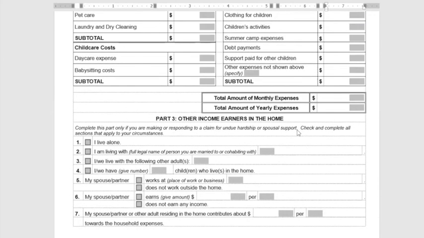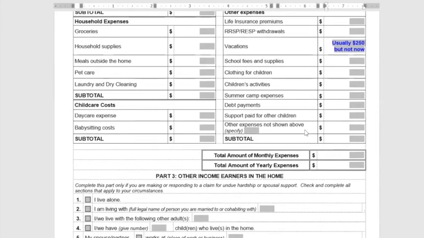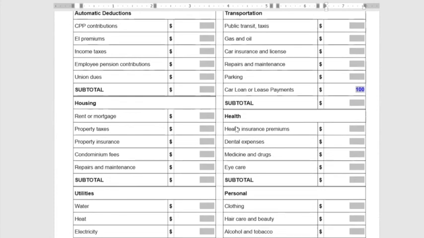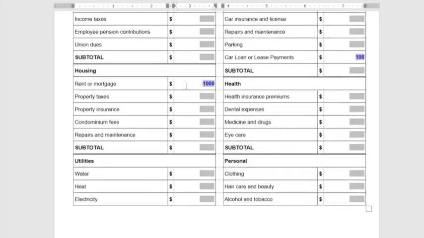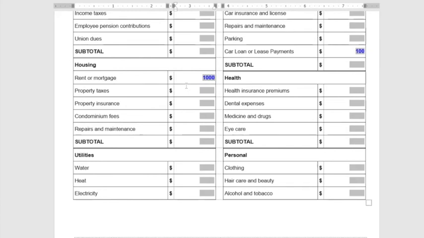If you need to quickly do a financial statement, you can write what you're actually out of pocket paying. So for example, if we have a rent and it costs $2,000 a month, you could just write $1,000. And somewhere you need to make a note: this is what I'm paying out of pocket. But it's begging for a proposed budget to explain what your actual expenses are going to be when this situation ends.